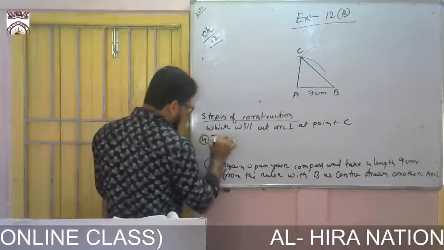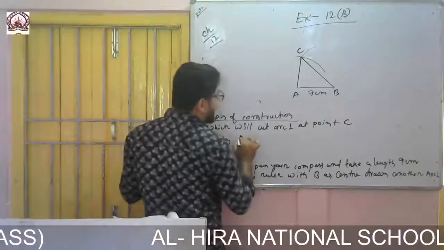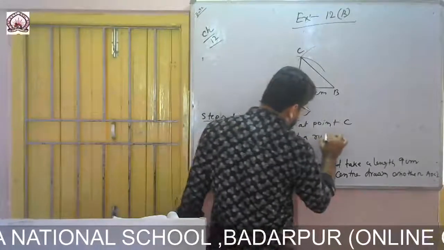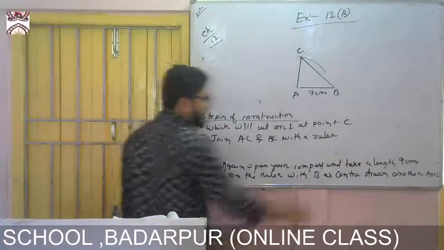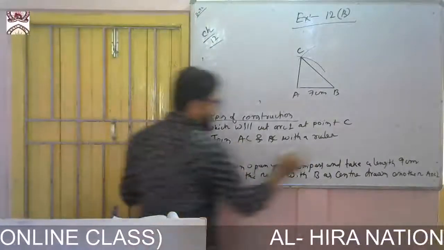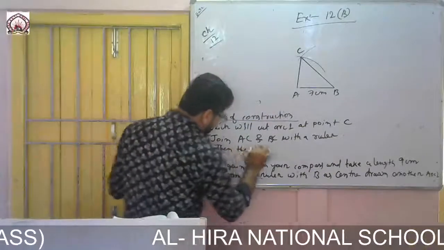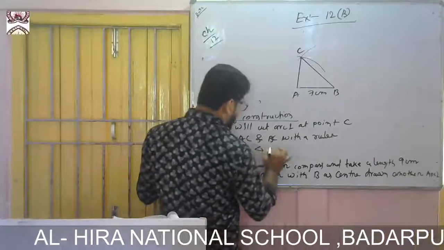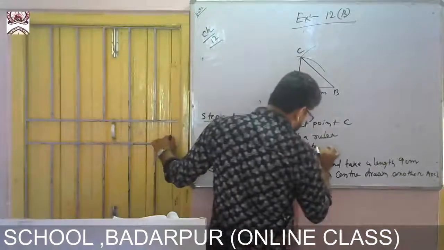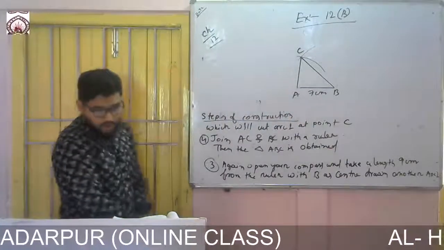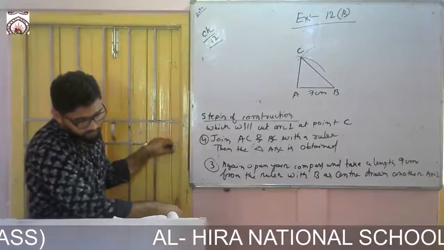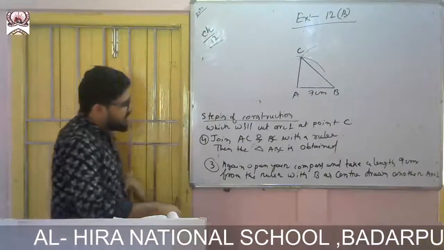Number 4, join AC and BC with a ruler. Then the triangle ABC is obtained.